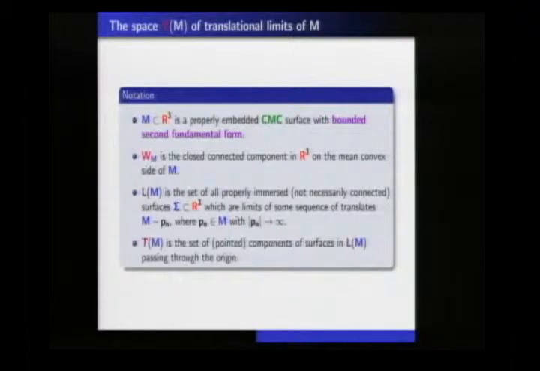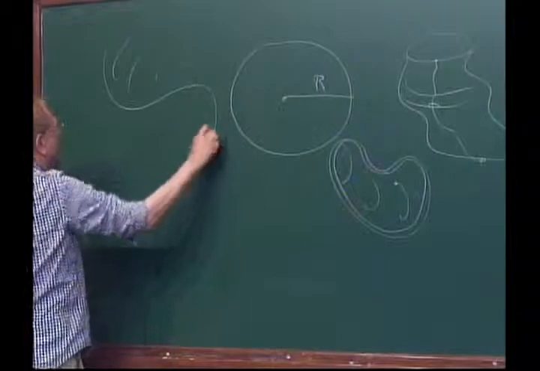Okay, all right, so now here's a certain sub-collection of these limit surfaces. This is the subset of these surfaces that go through the origin. Okay, but something bad happens. Like I say, here's the surface over here.